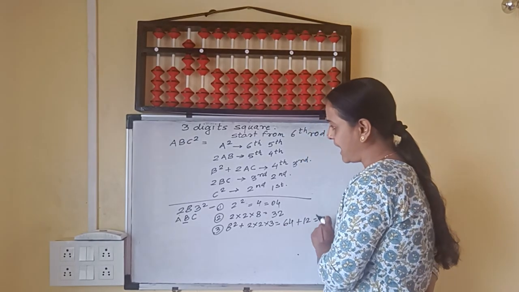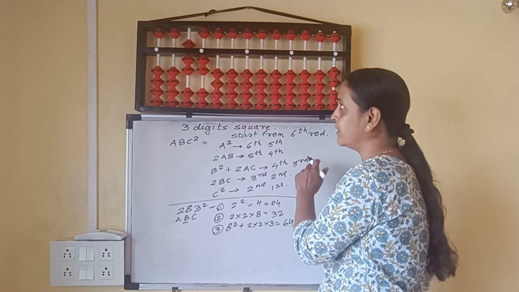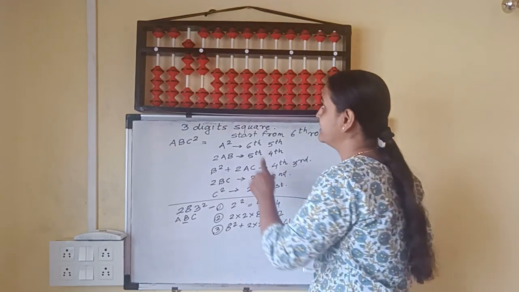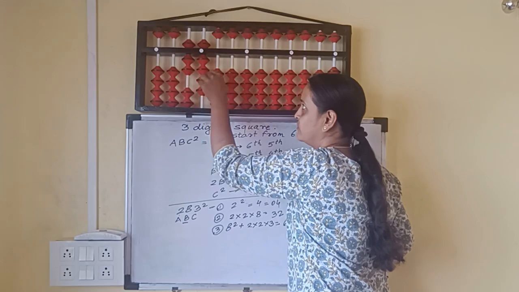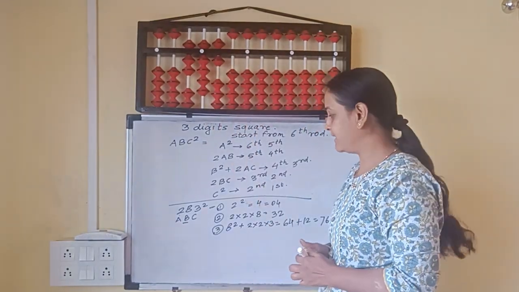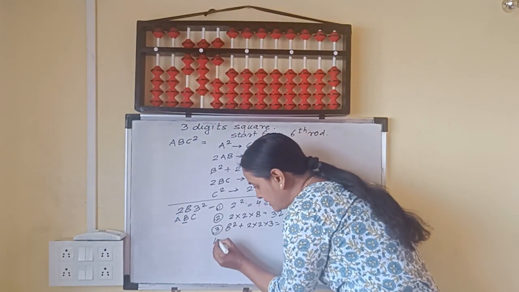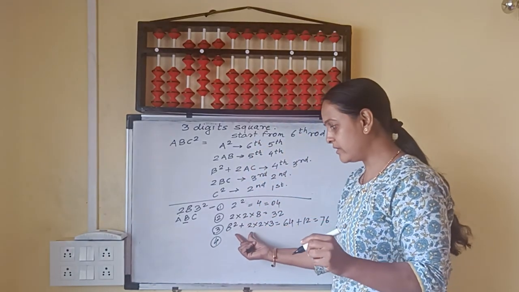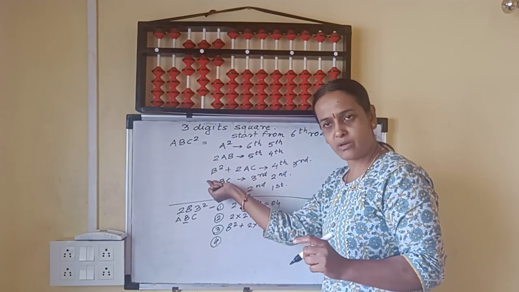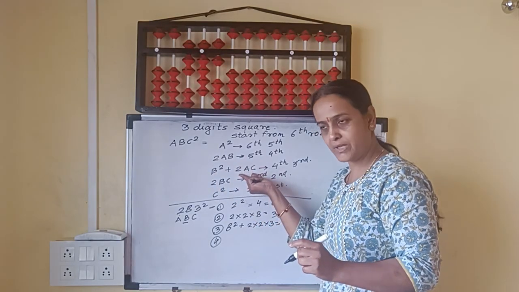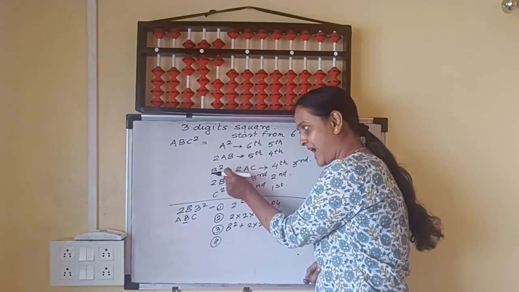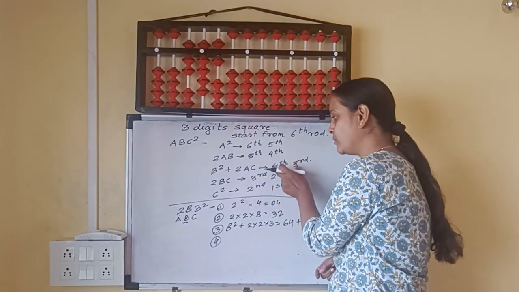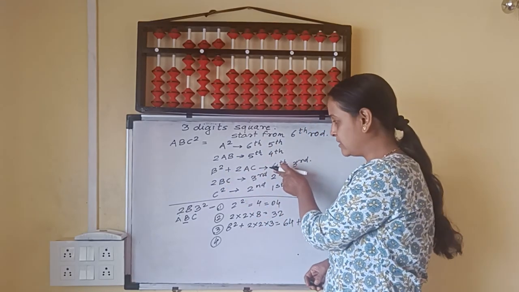We add this answer on the fourth and third rod: 70 on this rod and 6 on the next rod. Remember that when we solve the third step, first find B square, then 2AC, then add these numbers and put the result on the fourth and third rod.